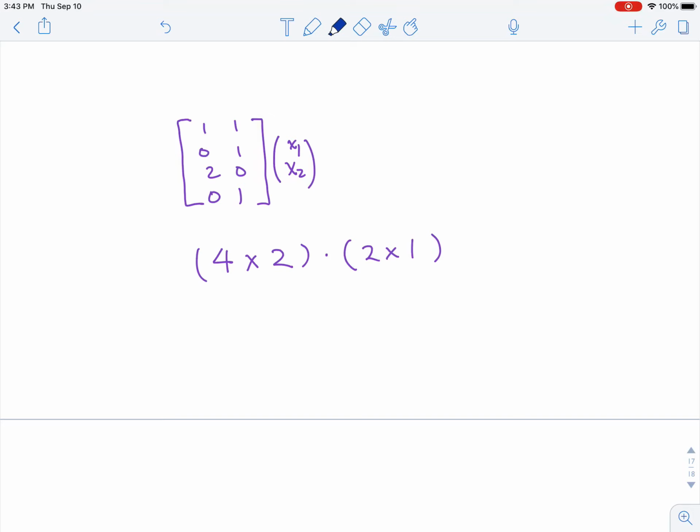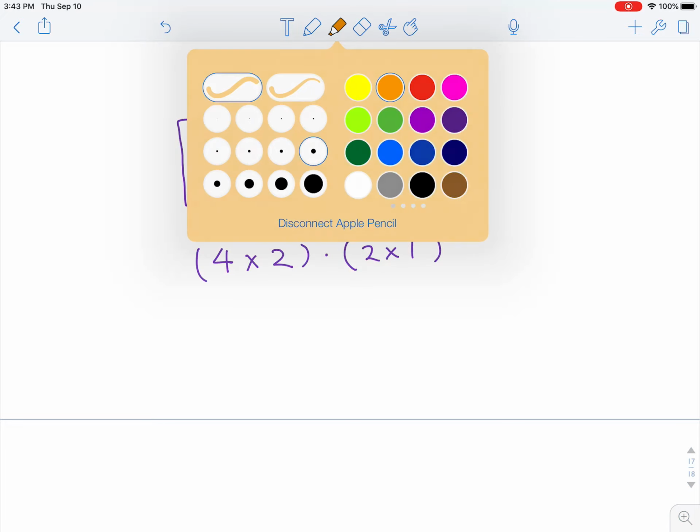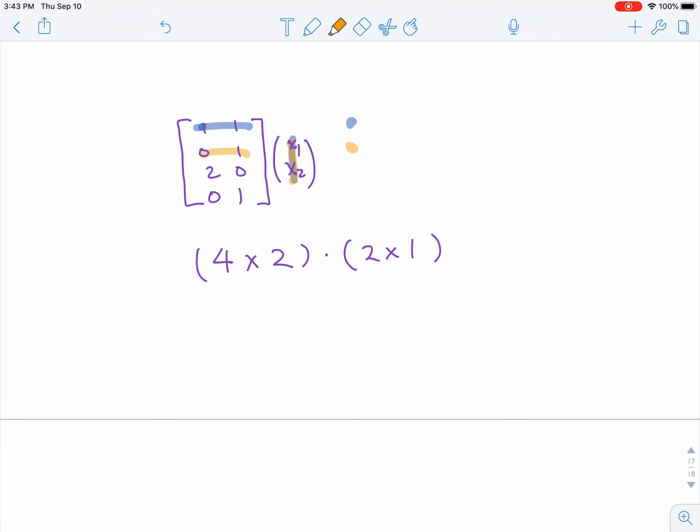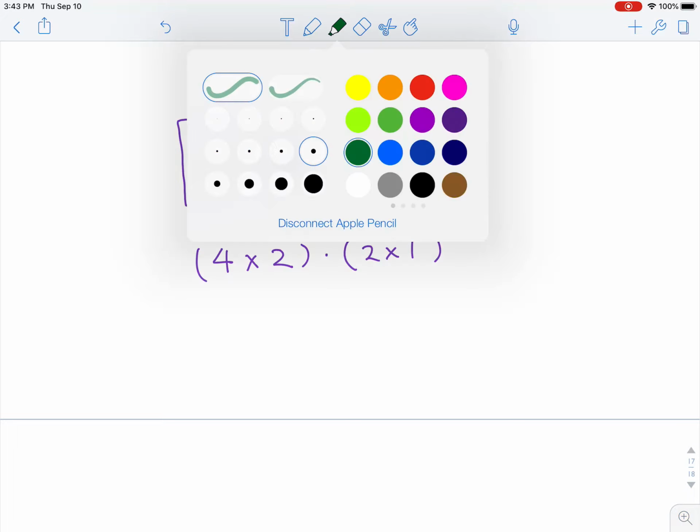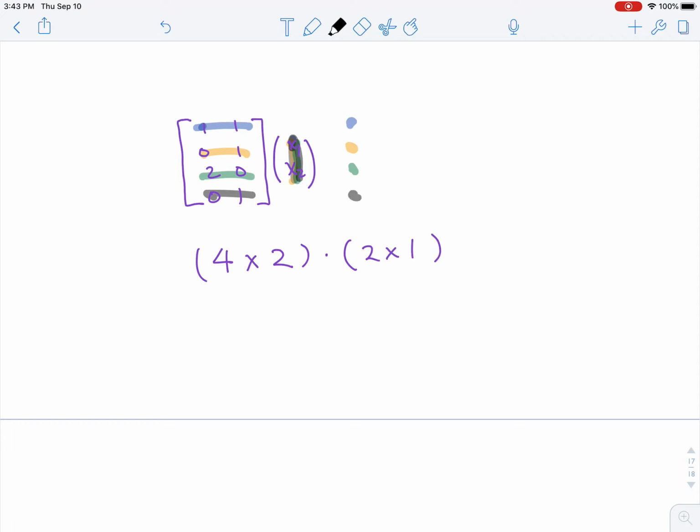Or you would do that trick from one of my earlier videos where you would go like this to get the first output entry, then like this to get the second output entry, then the third, and then the last output entry. Okay? And so that would work perfectly. And if we did that, we would wind up with a 4 by 1 matrix. Right? 4 by 1. And look, there it is.